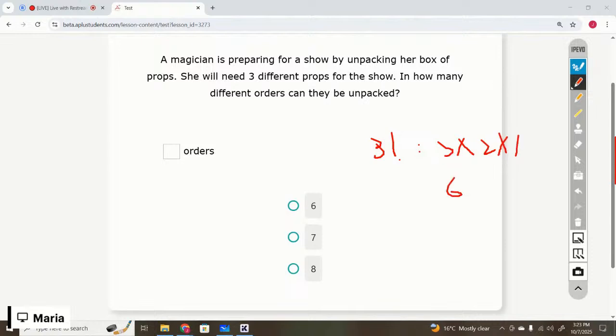Yes, 6 it is. Option number 1 is the correct option, that is 6.